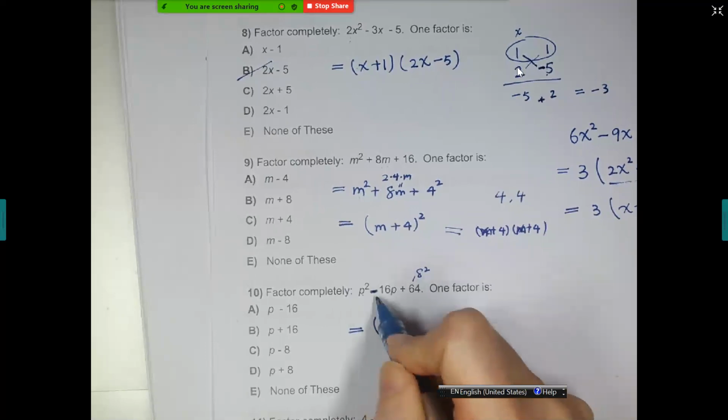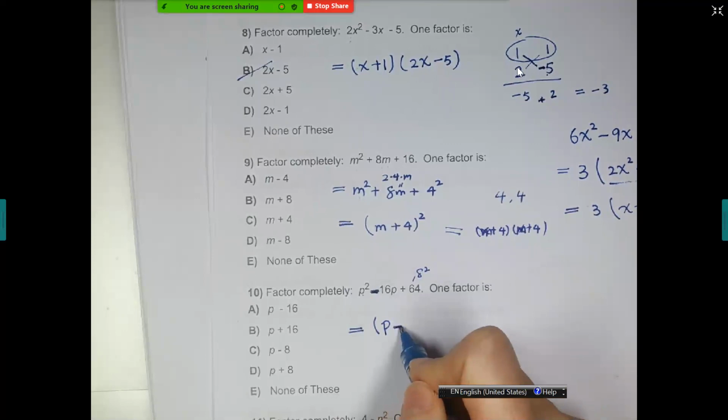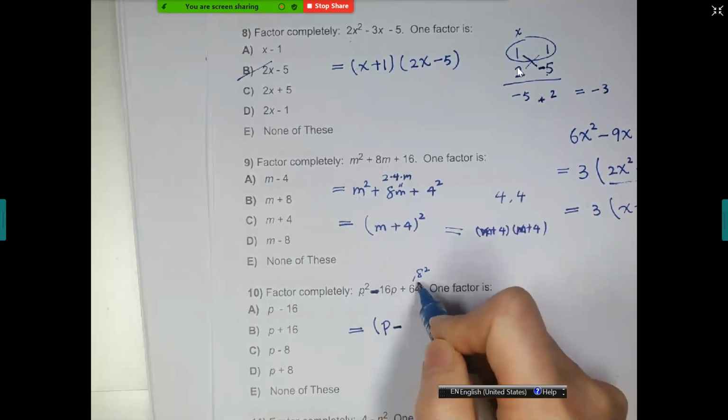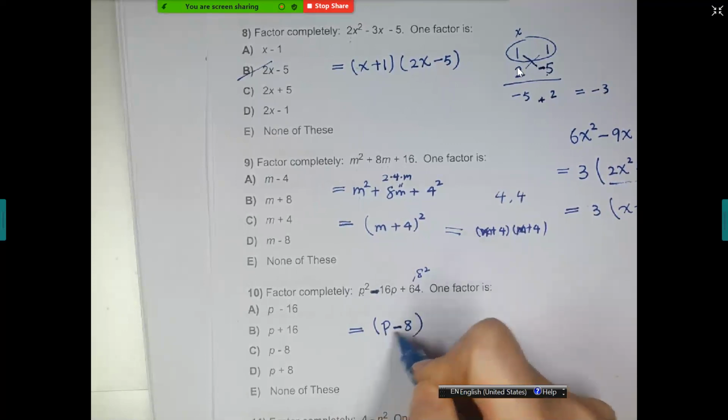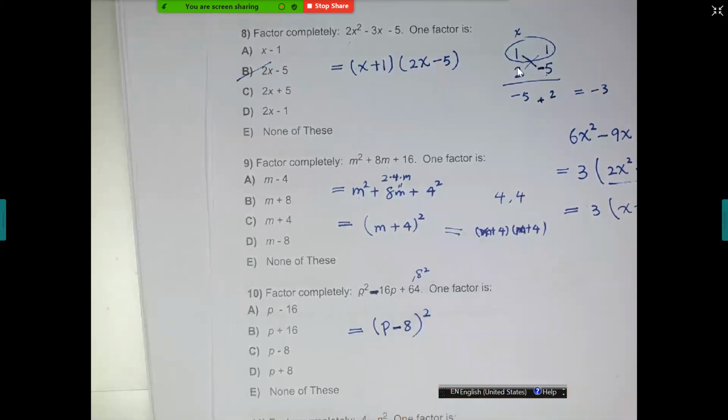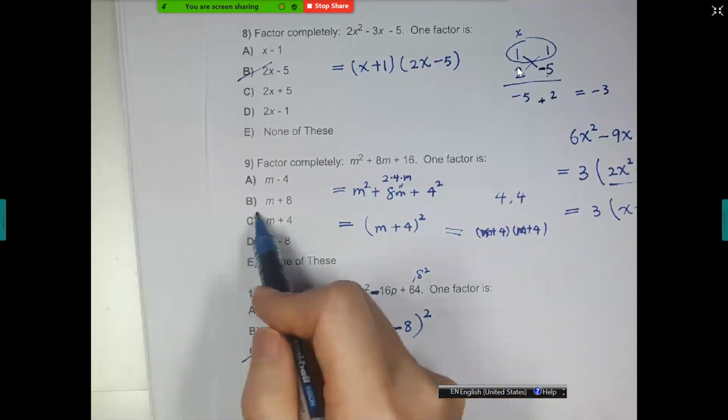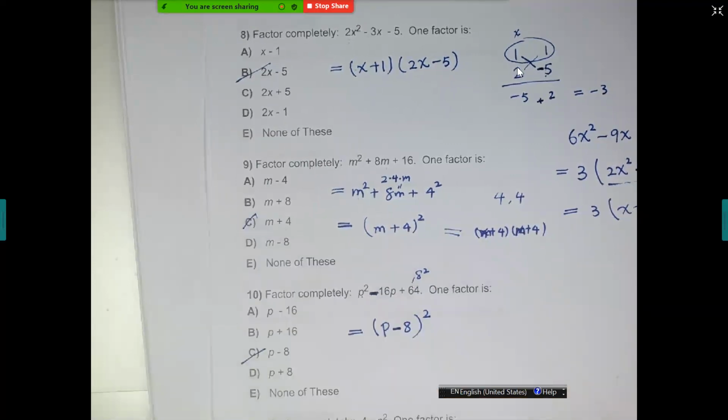If the middle term is minus, then the binomial will be minus in the middle as well. Then grab the second base, 8 right here. So p minus 8 squared. So one factor is p minus 8. And this one, that's m plus 4. Okay, so I was able to recognize this special factorization.